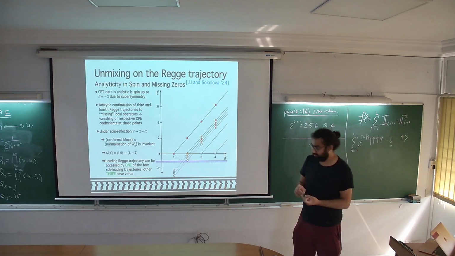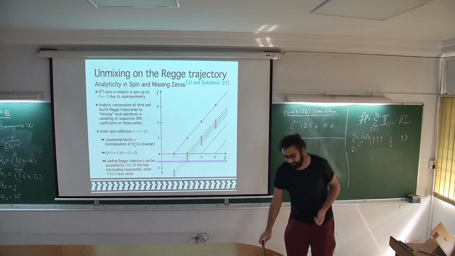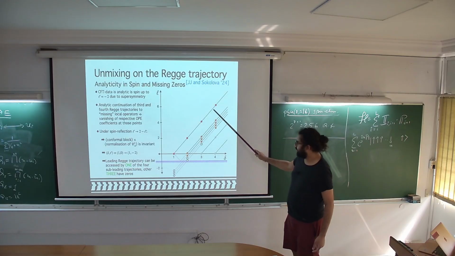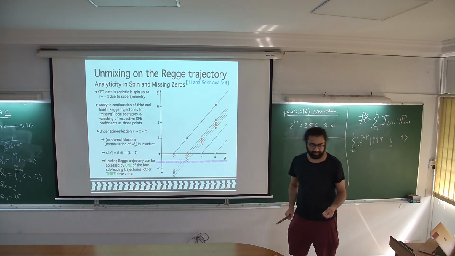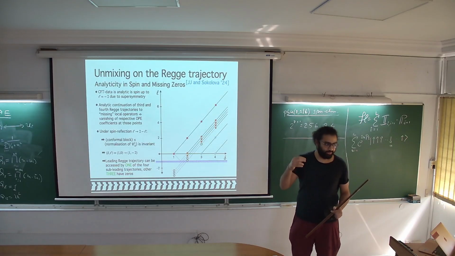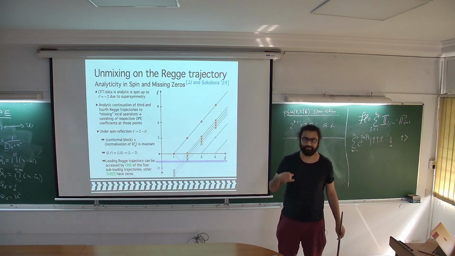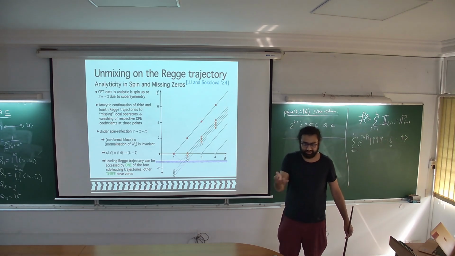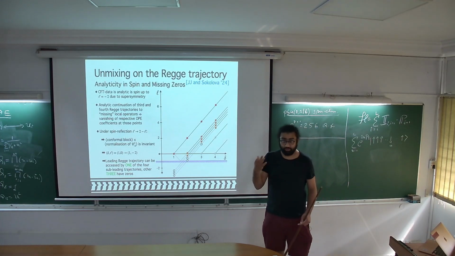The next thing that you see is that the value of J1 as a function of spin for the leading Regge trajectory and one of the states in the leading Regge trajectory is the same. So even that, when continued to mass level equals 1, will have the same value. So the constraint is the same as Fernando's, the J1 is the same as Fernando's, and therefore the solution is also the same as Fernando's, in the sense that you get the same value of the OPE coefficient as well.